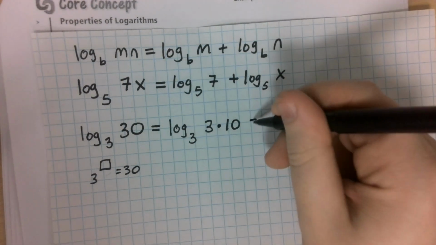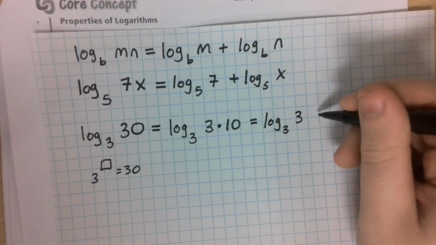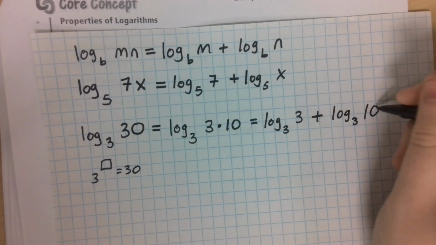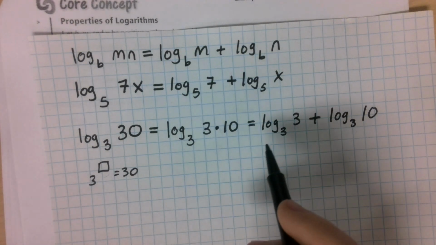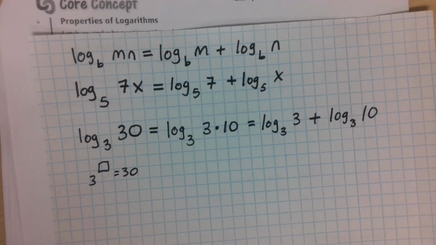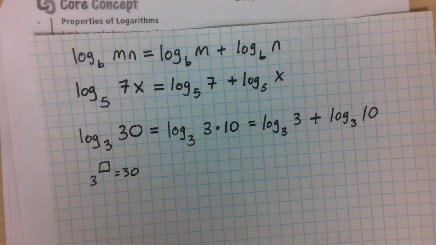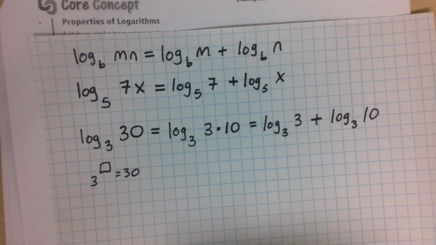That means I can split it up as log base 3 of 3 plus log base 3 of 10. But wait a minute. Log base 3 of 3, wouldn't the base here and the base of our argument cancel out? We learned that a logarithm can cancel out if the bases are the same.